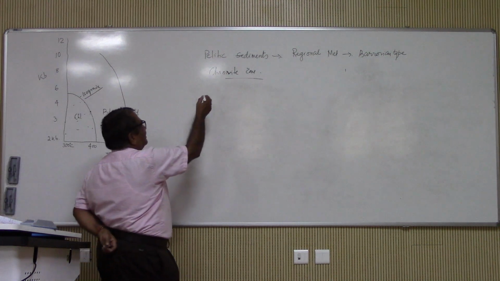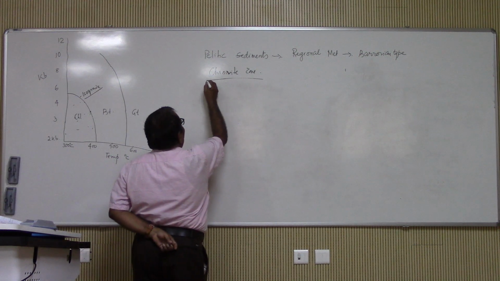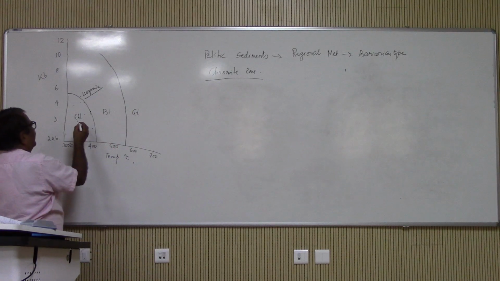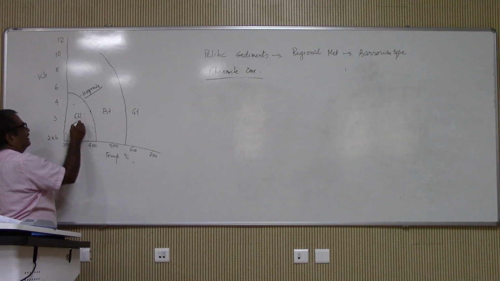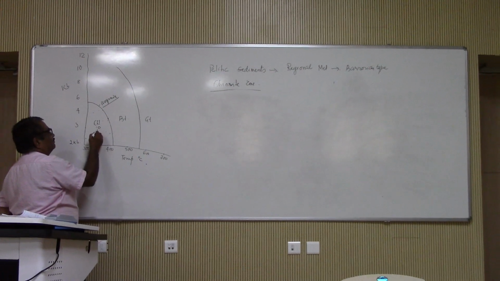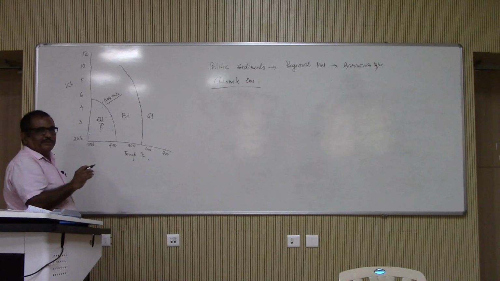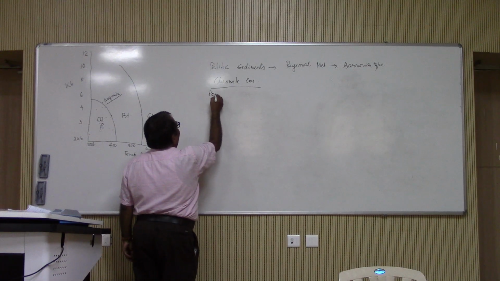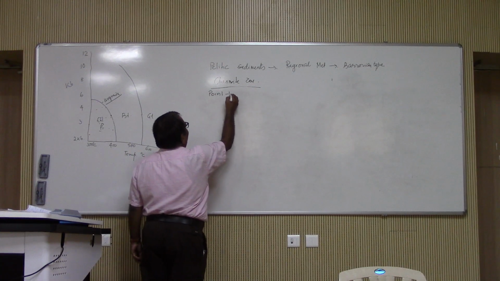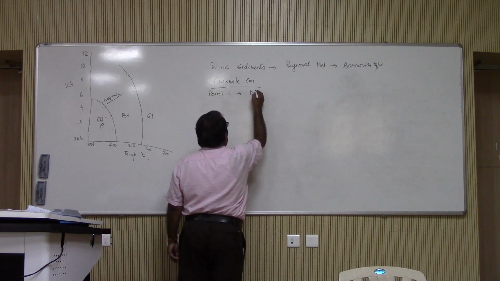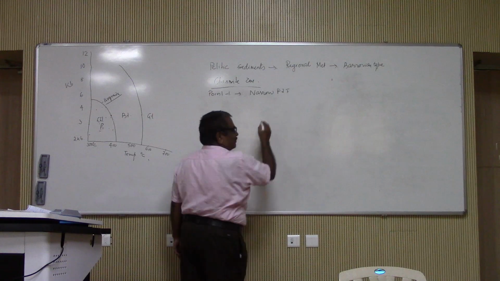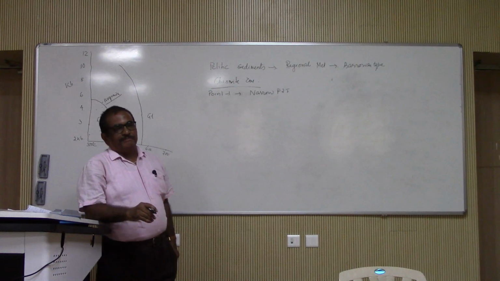So now chlorite zone, what is telling, you take a point here, in this place take point P1. So this is a very narrow range of temperature and pressure. Point 1. What I will write? Narrow P and T. Pressure temperature variation is not much.